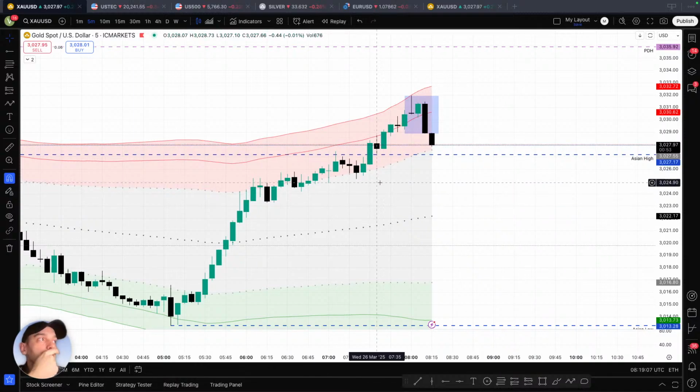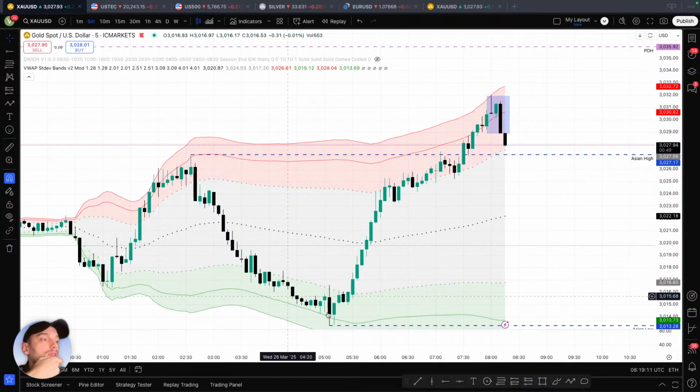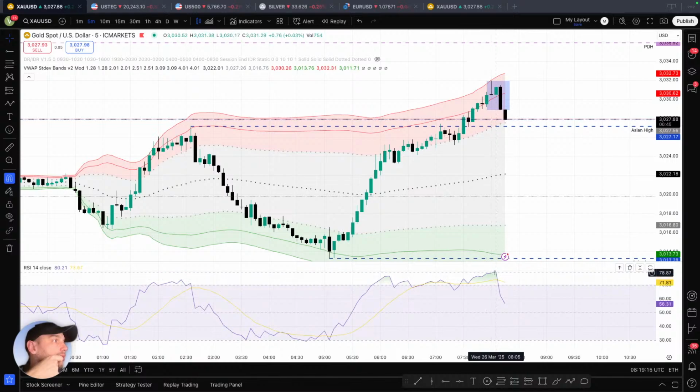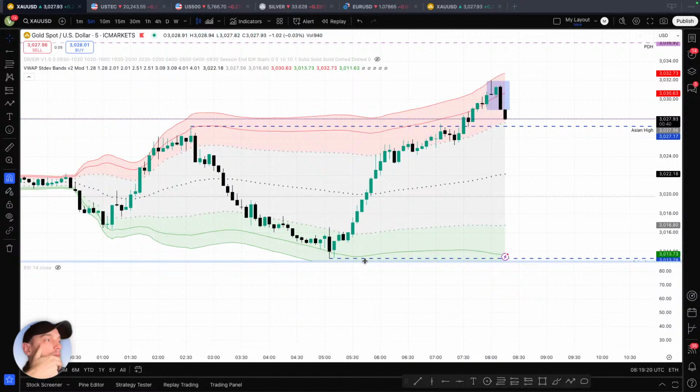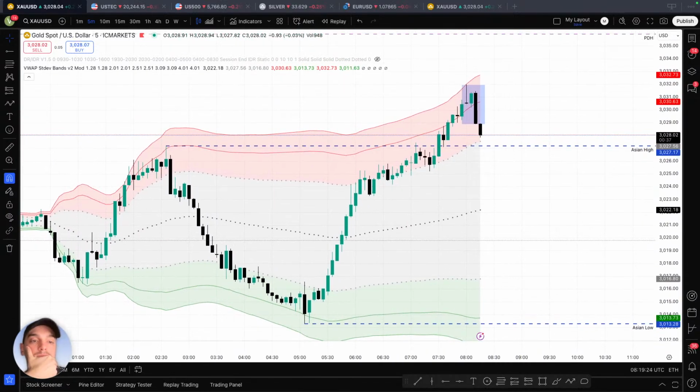55 seconds. Let me look at RSI. Where is the price at the moment? And we got a good target with the Asia low. Guys, probably we're gonna try this one.